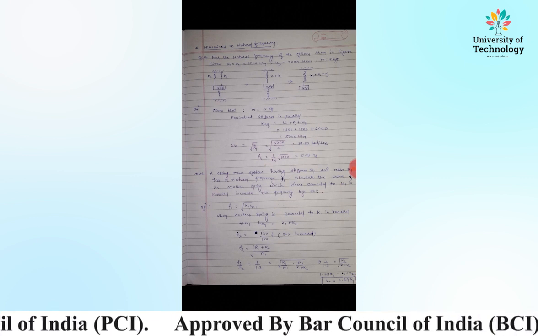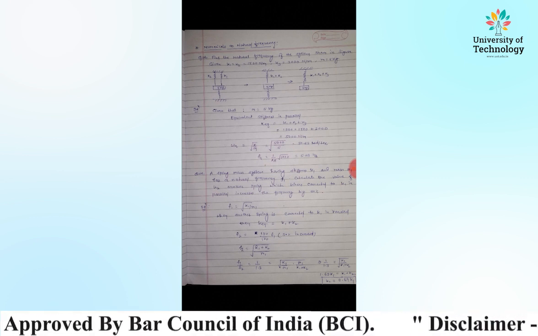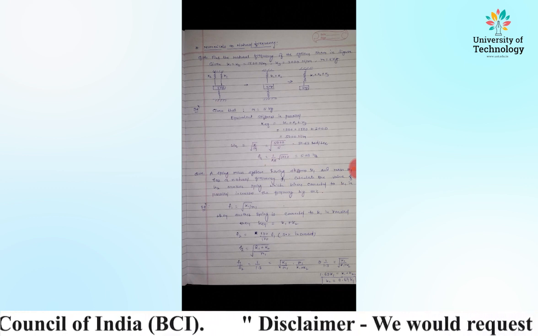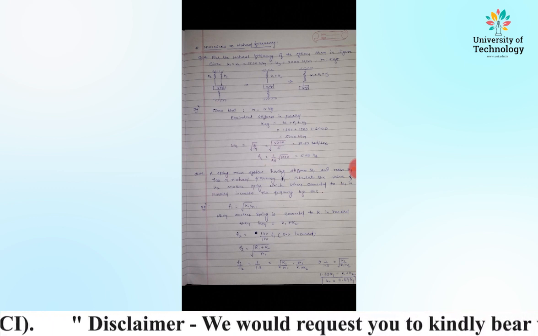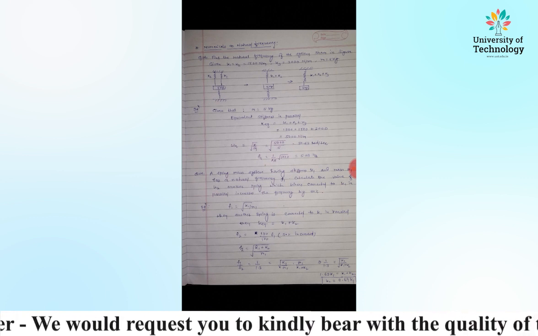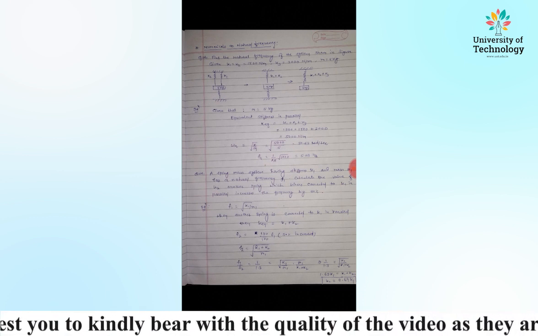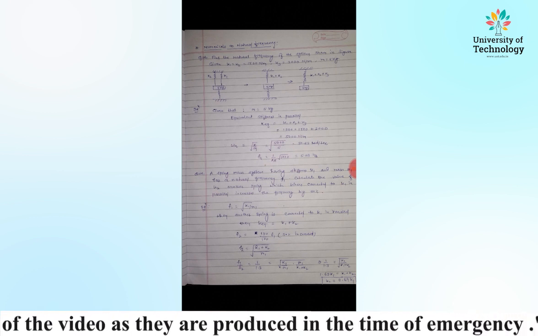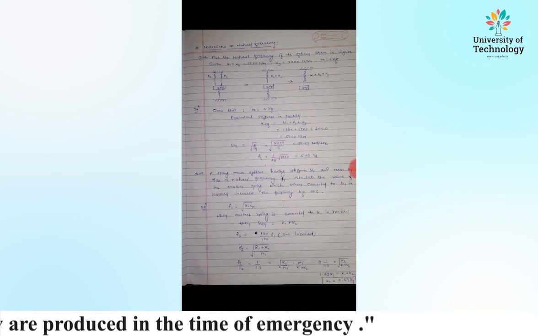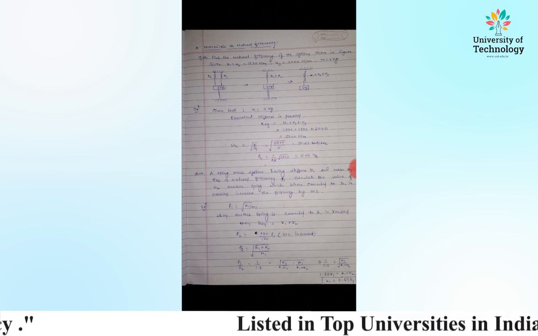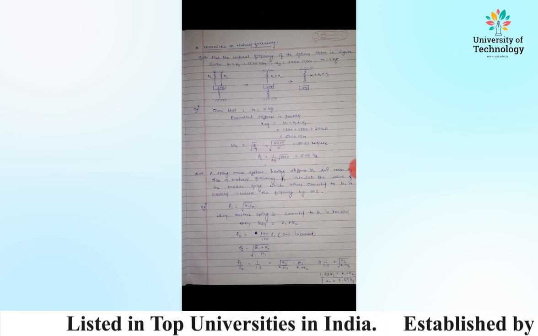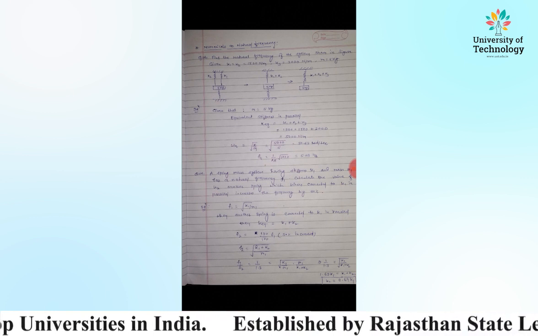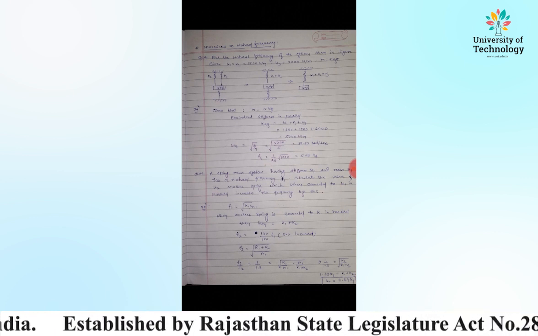Calculate the value of K2, another spring which when connected to K1 in parallel increases the frequency by 30%. If another spring K2 is connected to K1, then the frequency will increase by 30%. Then we have to find stiffness K2.